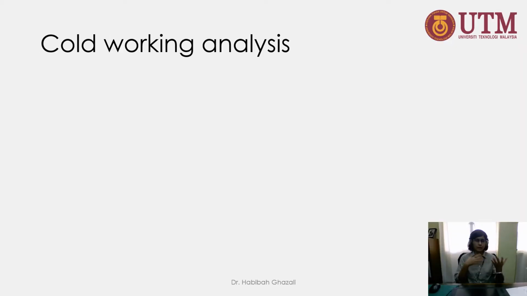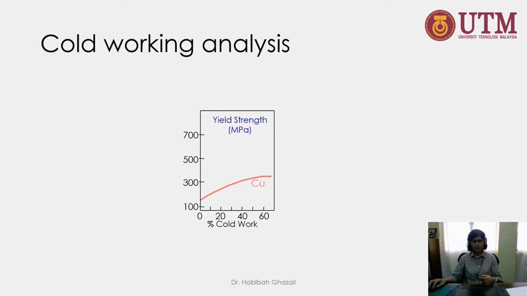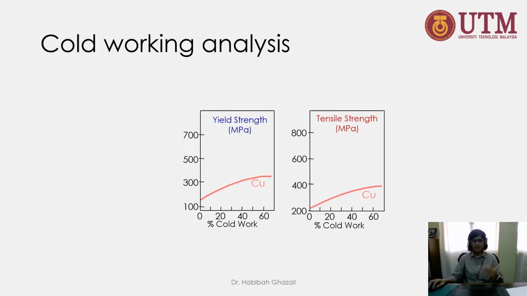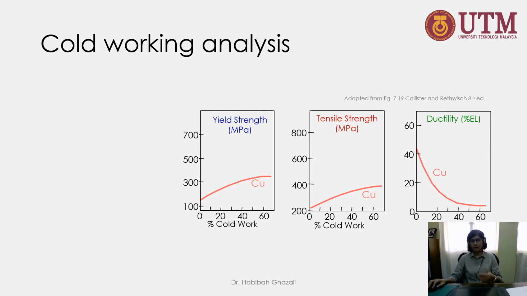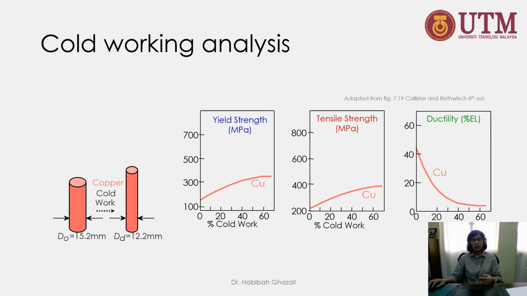So not only does the microstructure change from isotropic to anisotropic, what's going to happen as well during the cold working process is that the mechanical behavior of the materials, such as its yield strength, its tensile strength, and also ductility, will also change. So I have this exercise here, an analysis of cold working of a copper rod.